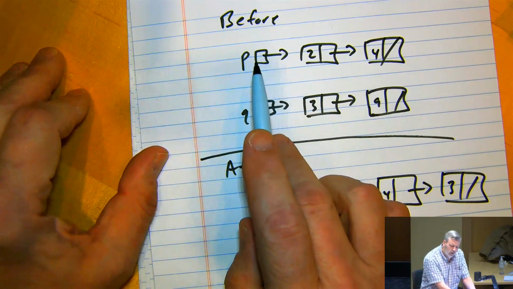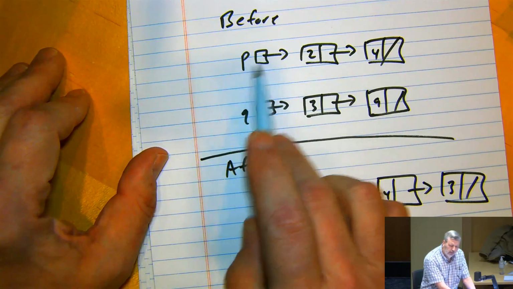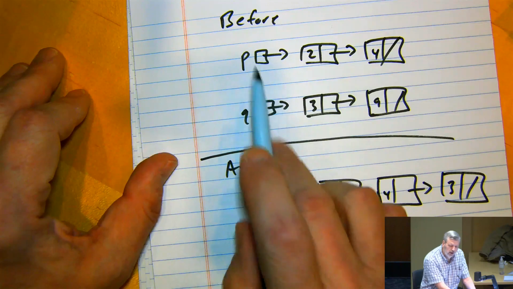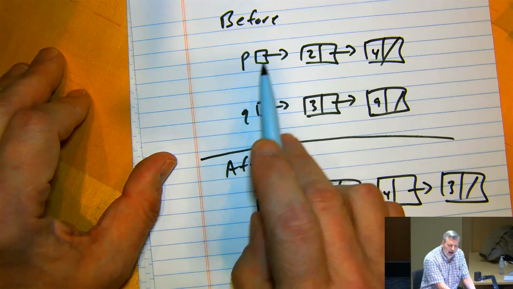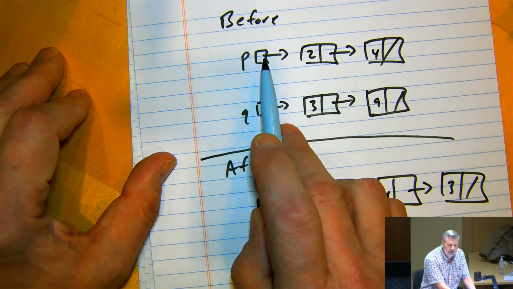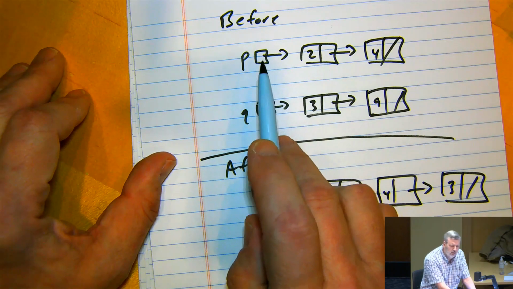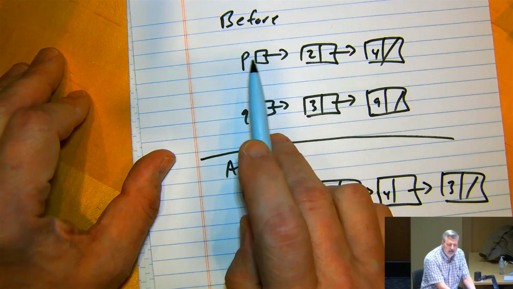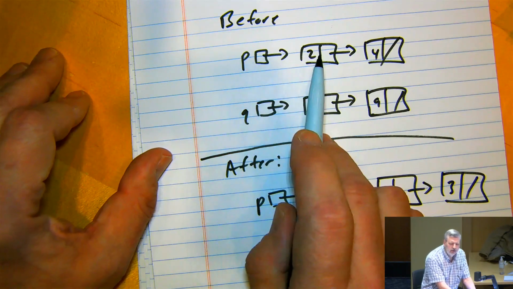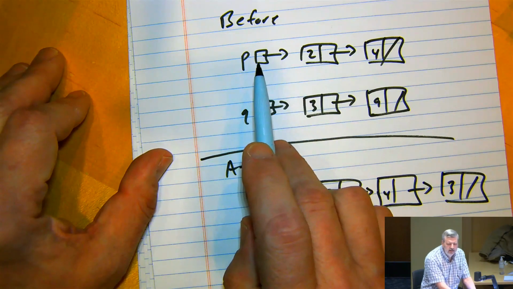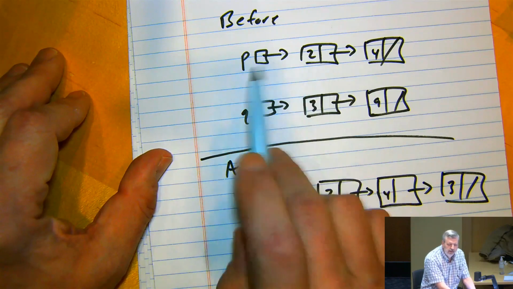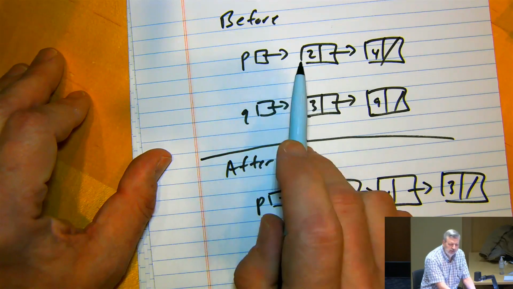I'm a little torn about how to refer to this variable p and this variable q. I draw a little box that's meant to distinguish it from a node, so that you know it's not a node. Some people like to make it an arrow, to make it clear that a variable that stores a reference is different from an object.